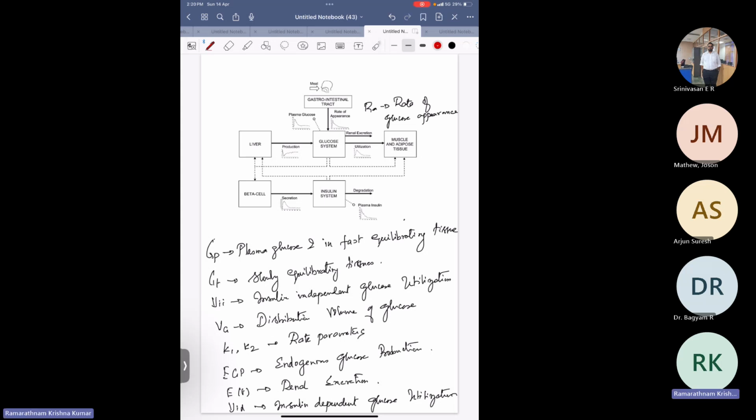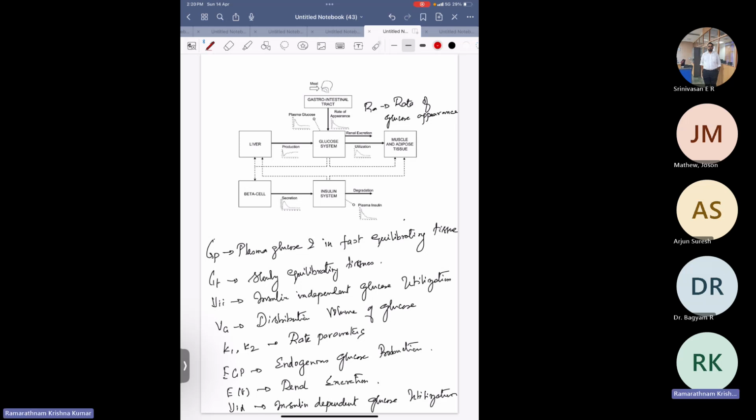How are we going to write down all the equations? Clear? Okay, so this is what I'm going to do. I'll send you the paper on which this whole thing is based.